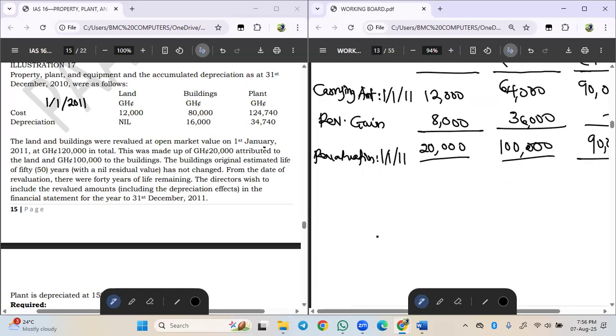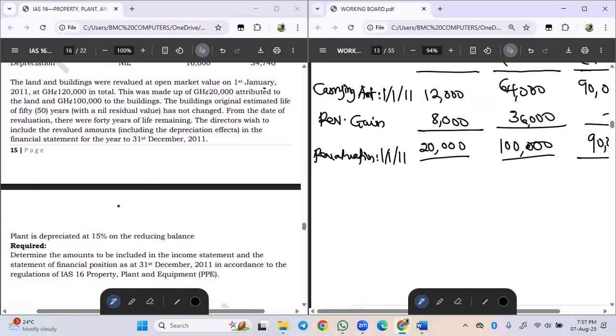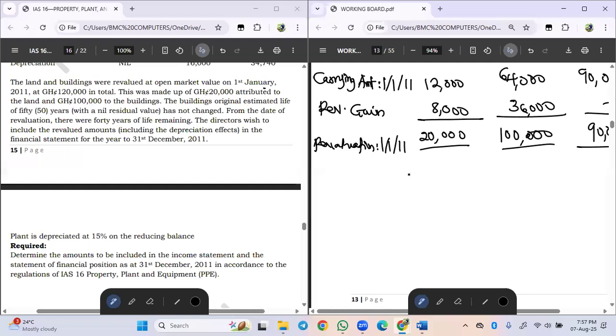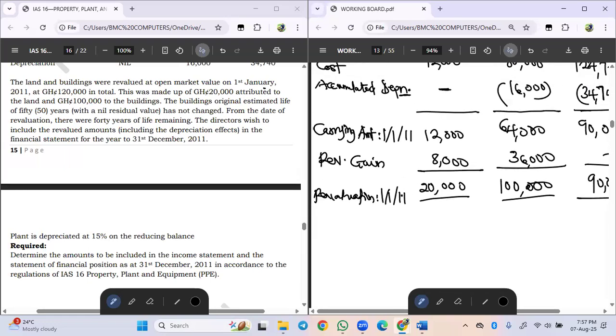Okay. So you are saying that you should determine the amount to be included in the income statement for 2011, 31st December. So we have to calculate depreciation for 2011, from 1st January 2011 to 31st December 2011.